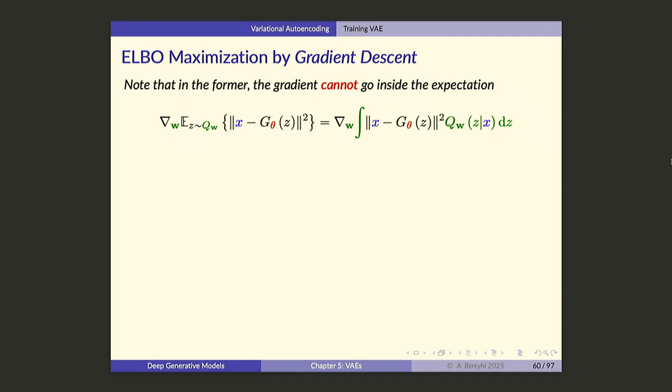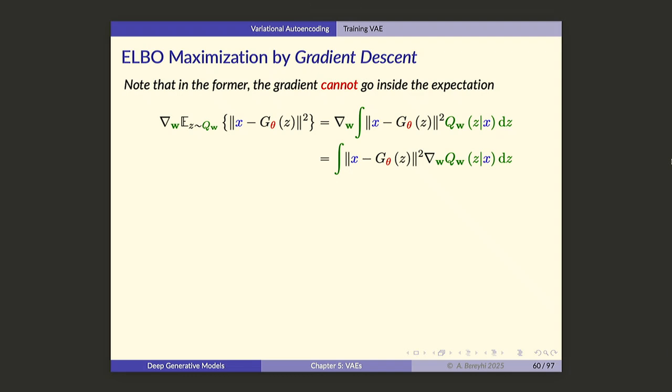Now, if you want to take the gradient of this expression, you see that the gradient goes inside the integral. It's going to take the gradient with respect to q. But once it takes the gradient with respect to q, it is not an expectation anymore. So this is not the classical thing that we had before.